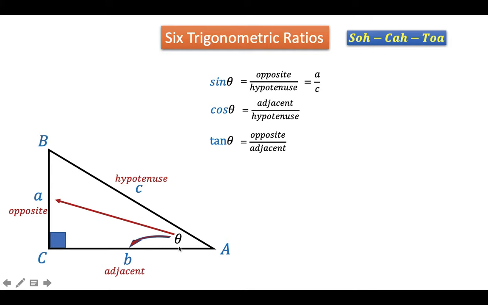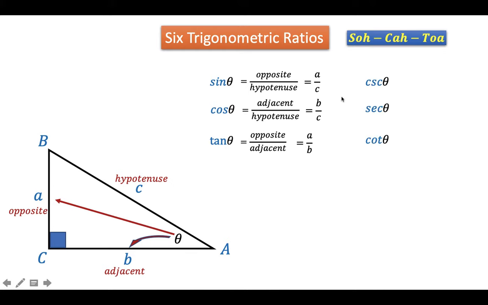The adjacent side is b and the hypotenuse is c, so our ratio is b over c. And to find tangent theta, that is the opposite side over the adjacent side. Opposite to theta is a, the adjacent is b, so our ratio is a over b.